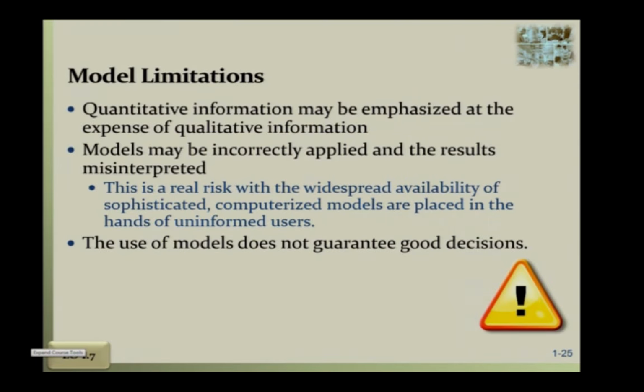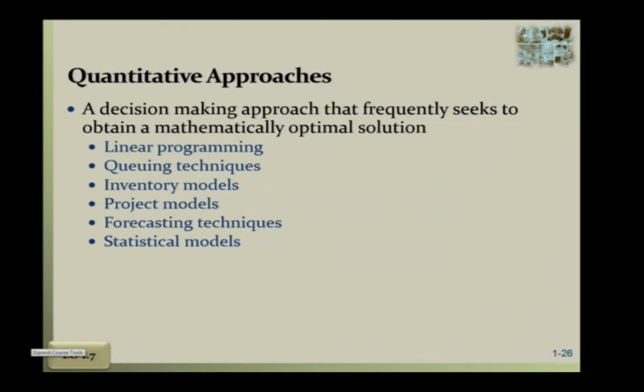So the quantitative approaches we're using, many of these methods have been developed in the past 100 years, like linear programming, which was developed in the 1940s, mostly for optimization purposes.